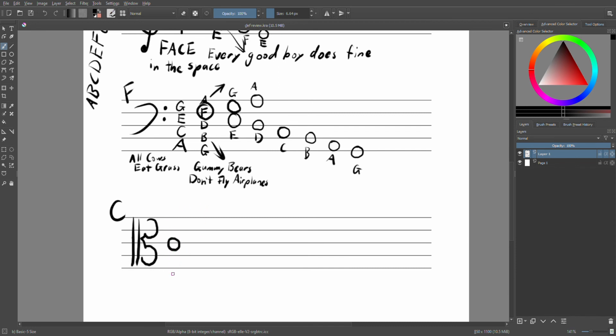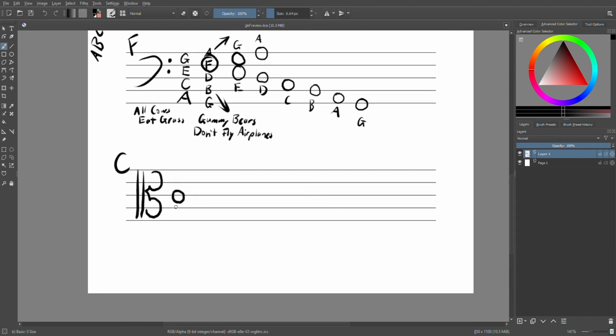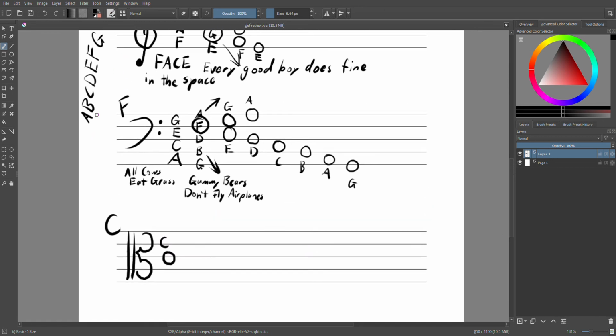Now, I don't really know any good acronyms for the lines and spaces, but we can still do the counting method. So we know this is C, the alto clef, because this comes around C. So if this is C, we're going to go forward in the alphabet. There's our alphabet up here.